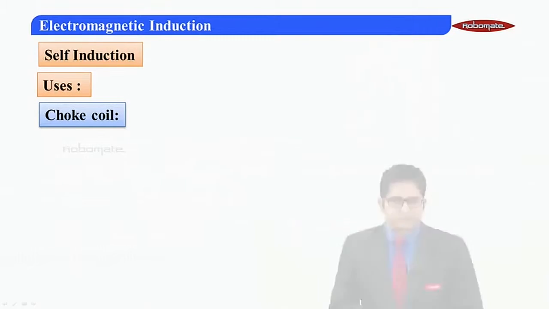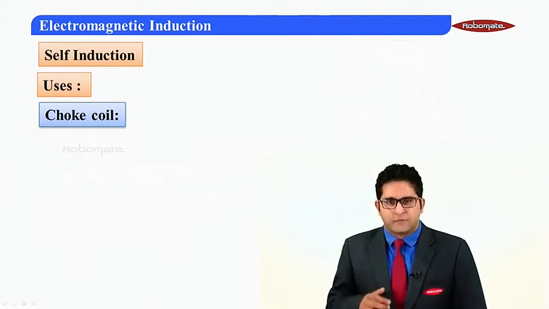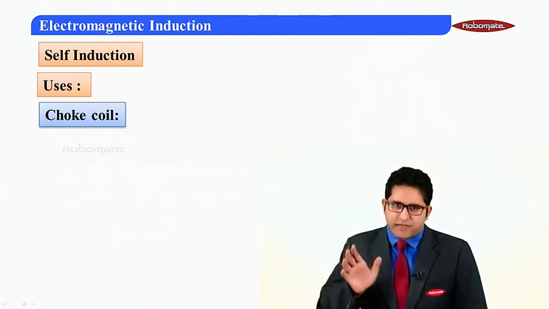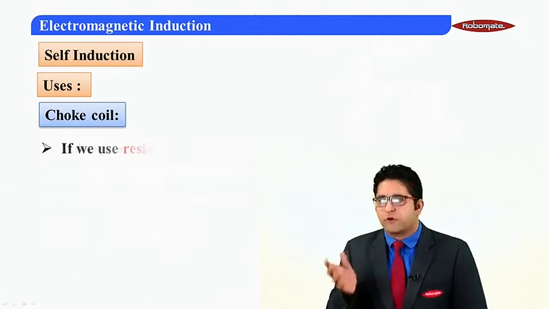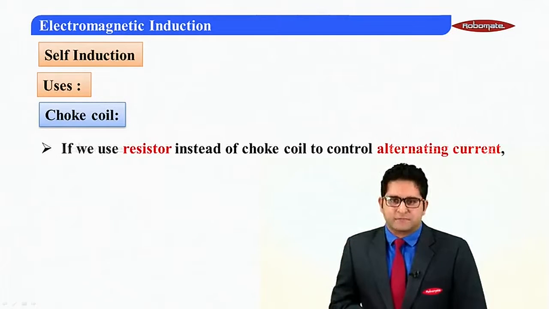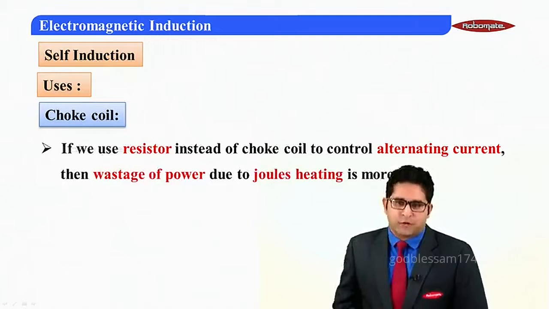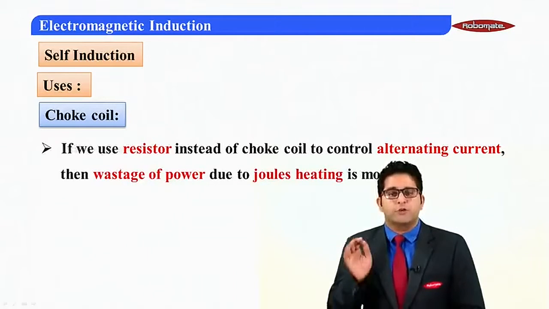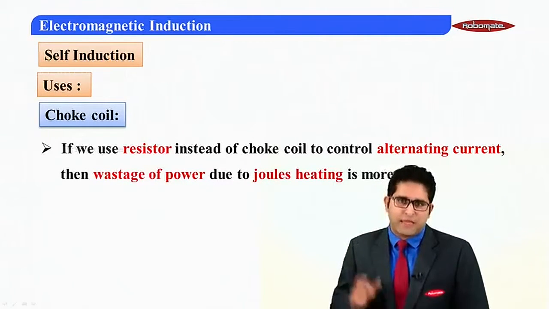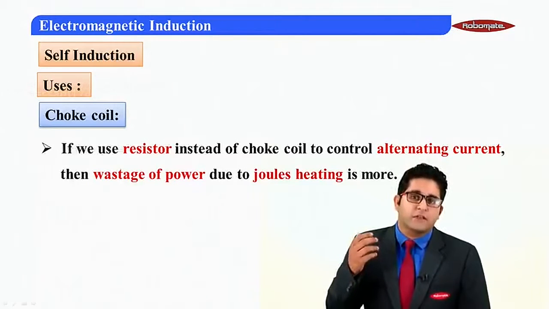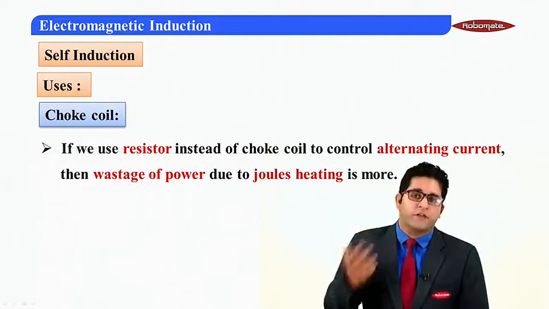Now let us move further. Instead of a choke coil, if we connect a resistor to a fluorescent tube, then there will be loss of power due to Joule heating, or rather wastage of power due to Joule heating. And this loss of power will be very huge.